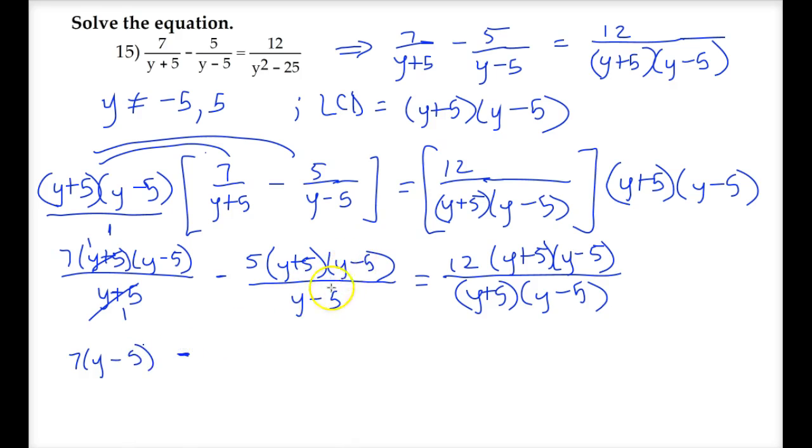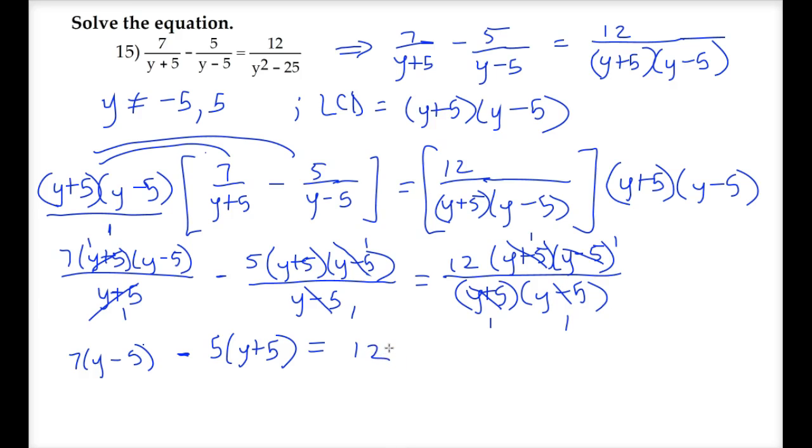Here we have y minus 5 that are common factors, so we're going to reduce those to 1. And we just have 5 times y plus 5. And here, that and that reduces to 1, and y minus 5 reduces to 1. So we just have 12.